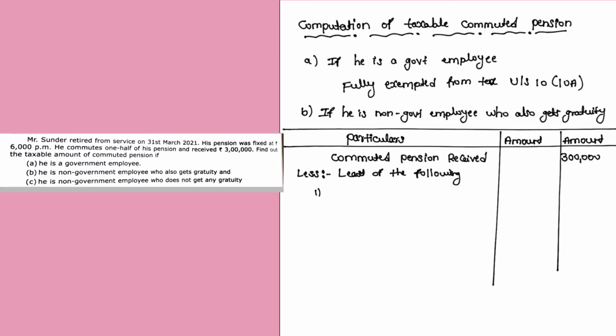First one, actual commuted pension received, 3 lakhs.